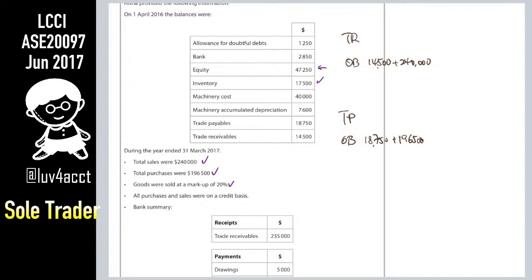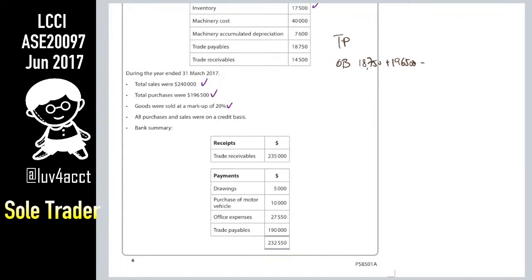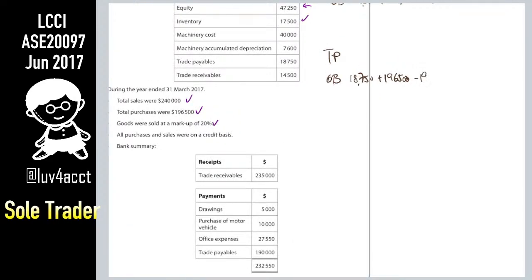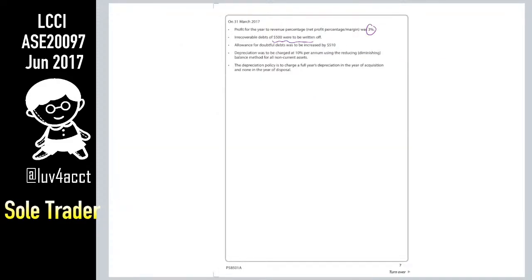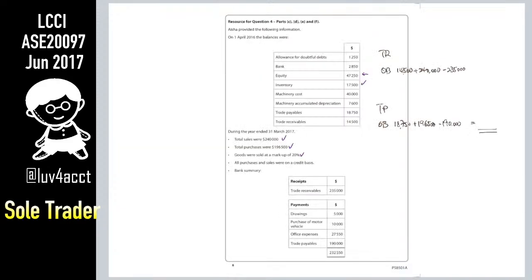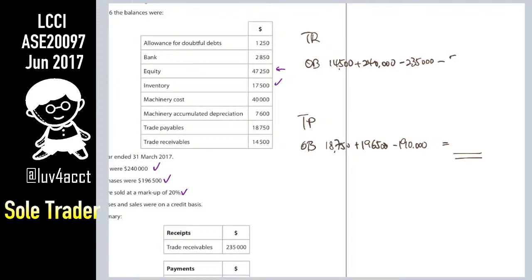Then the receipt from trade receivables 235,000, and payments to trade payables 190,000. You have the closing balance for trade payables already, but for trade receivables, you still have irrecoverable debt of 500, written off, so negative.